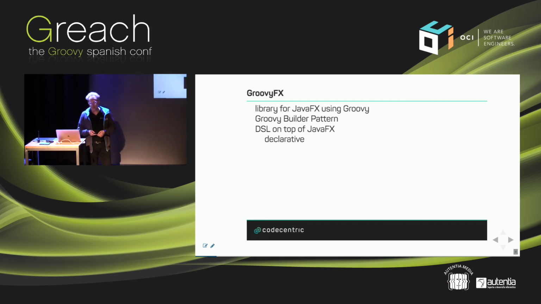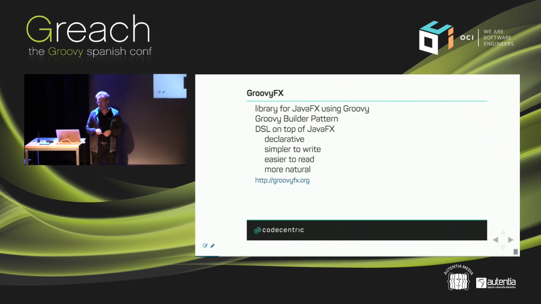So, the DSL of GroovyFX is a declarative way of describing, very much like JavaFX script from the idea. And it's much simpler to write than writing JavaFX directly. It's much easier to read, especially if you have hierarchies and layouting, stuff like that. And from my point of view, it's also much more natural.